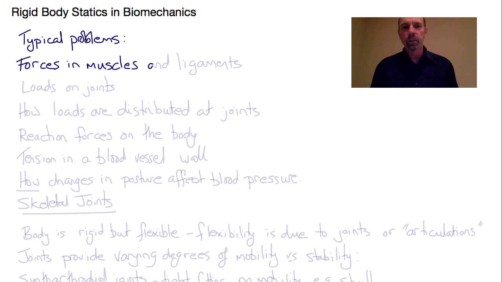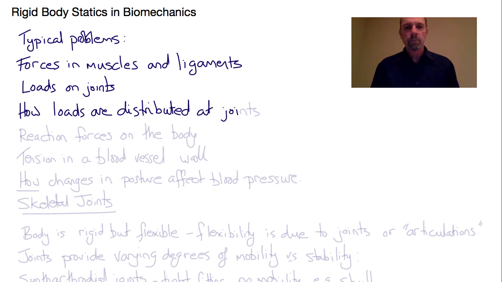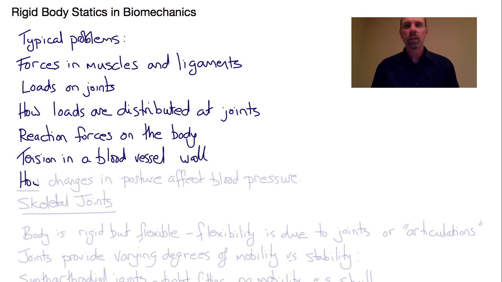Typical examples include solving for the forces in muscles and ligaments, solving for the loads on joints and how loads are distributed at joints, computing reaction forces on the body during exercise or activity, and also other problems such as solving for the tension in the wall of a blood vessel, or working out how changes in posture, such as going from supine to standing, affect blood pressure, which would be a problem in hydrostatics.